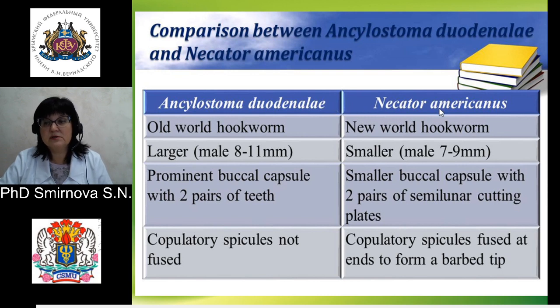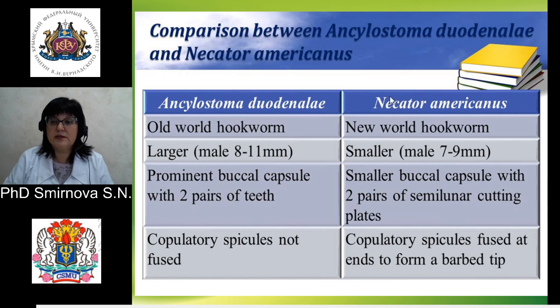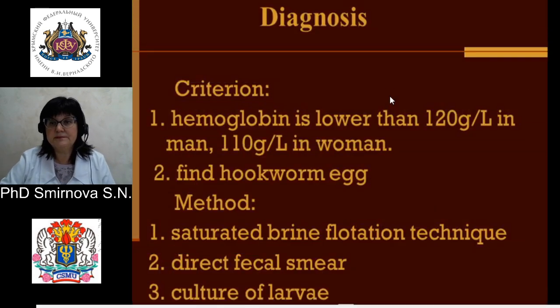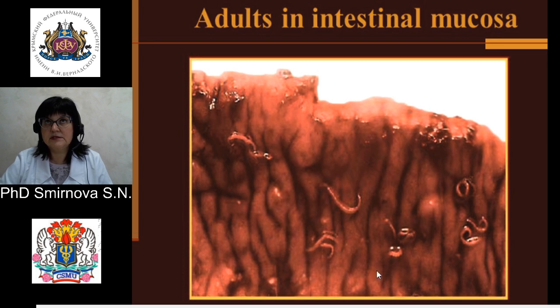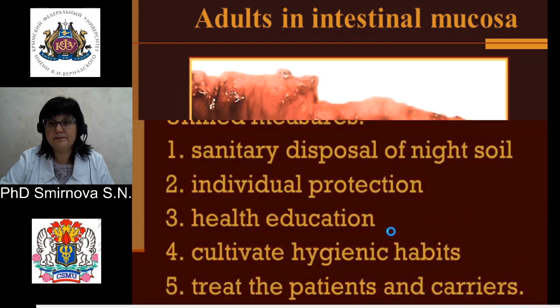Necator americanus is a parasite usually located on the American continent. On this photo we can see the mucosa of the small intestine and Ankylostoma parasites attached to it.